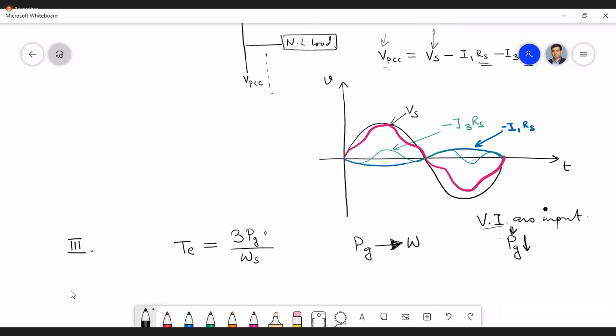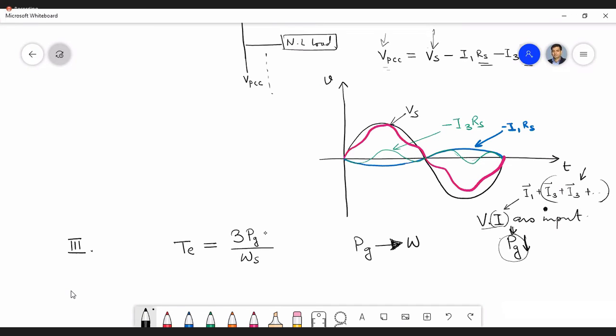So that we have proved already. This current has different components like I1 plus I3, so there are different components of I. Now all these harmonic components do not contribute to active power.